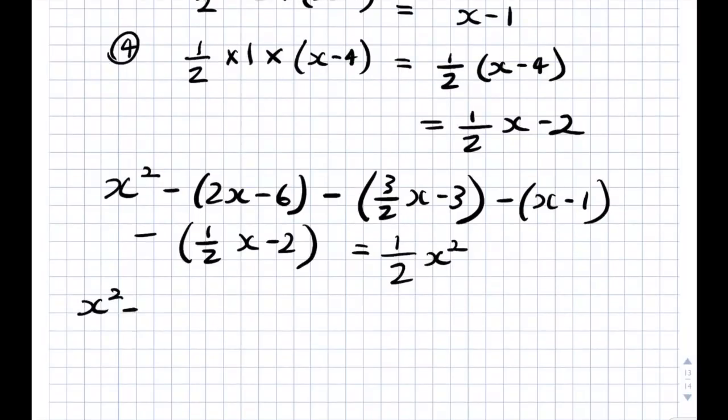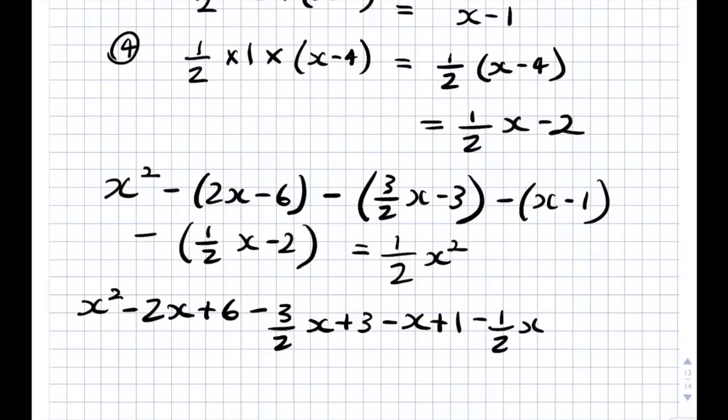We're going to get x squared minus 2x plus 6 minus 3 over 2x plus 3 minus x plus 1 minus a half of x plus 2 equals a half x squared.